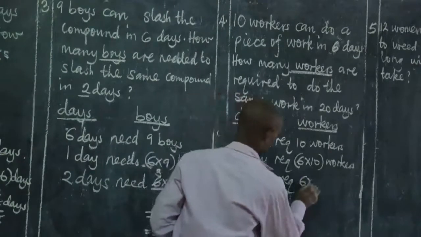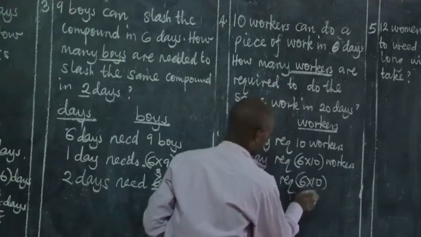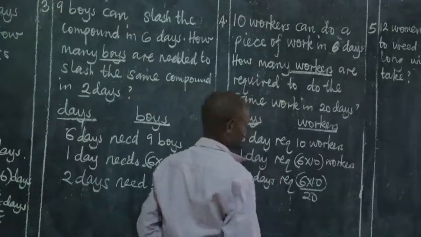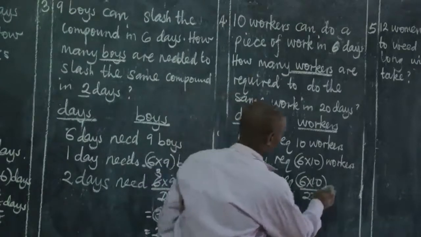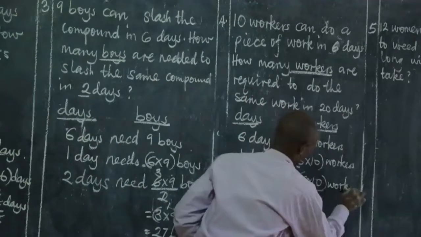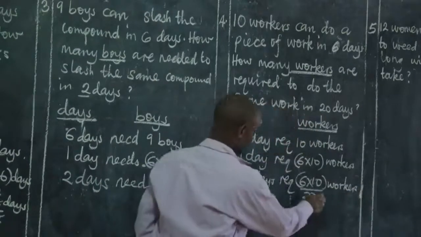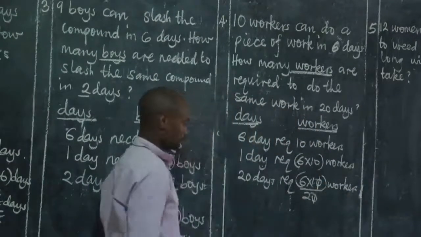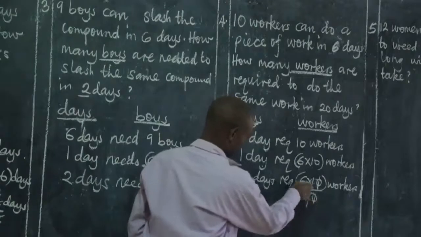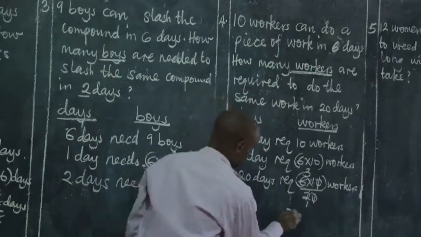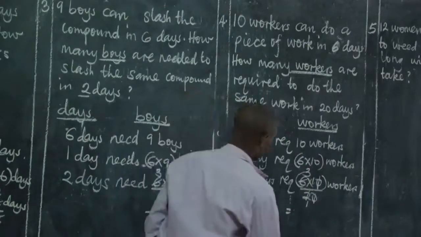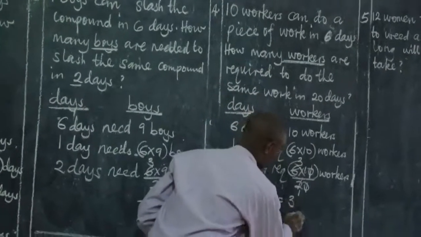So it is 6 times 10. Then we divide by 20. You can multiply and get 60 workers. So this 0 will go with this. Then by 2 once, by 2, 3. So it means 20 days require 3 workers.